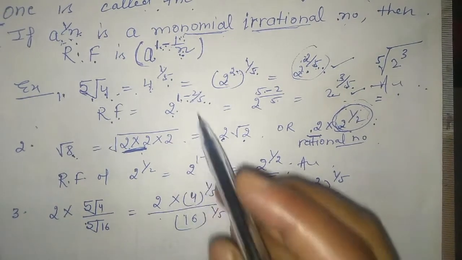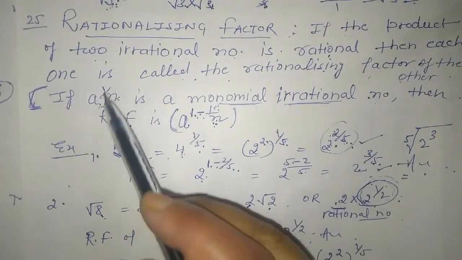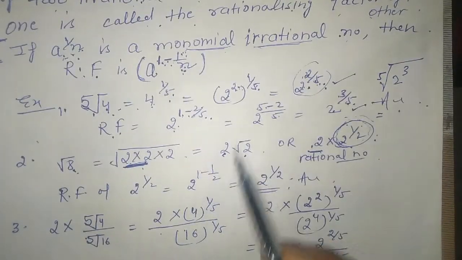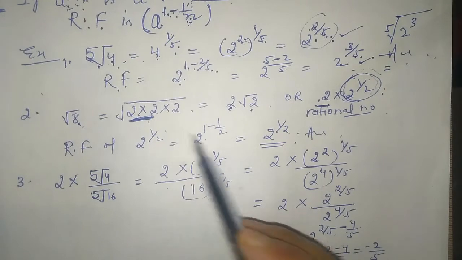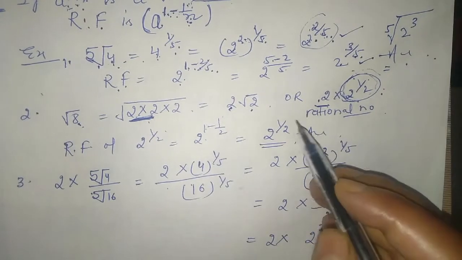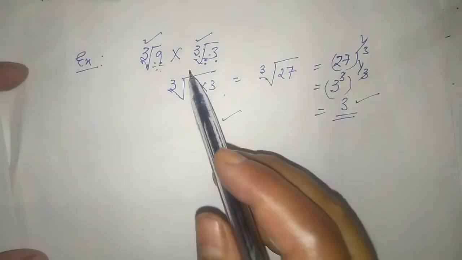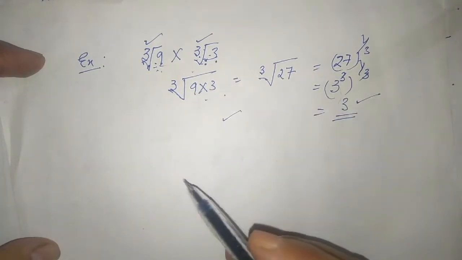So we know the formula: for a to the power 1 upon n, we have a to the power minus 1 upon n. So it becomes 2 to the power 1 minus 1 upon 2, so again 2 to the power half. Similarly, the example I gave earlier, we can verify with this formula also.